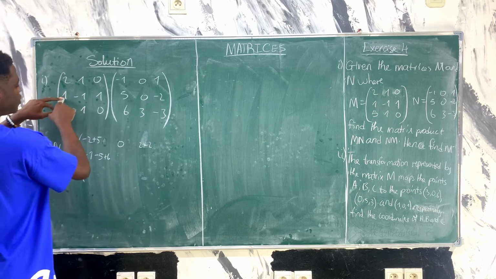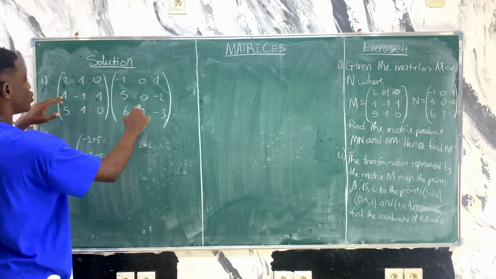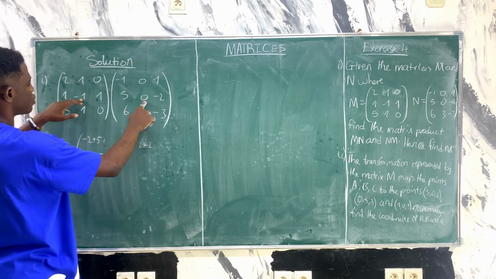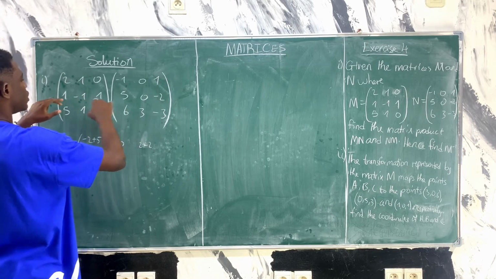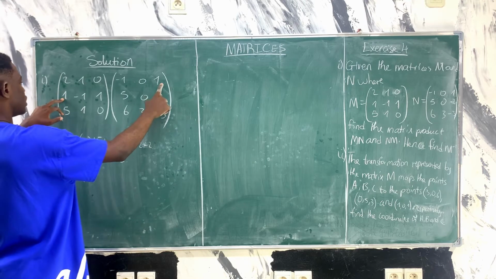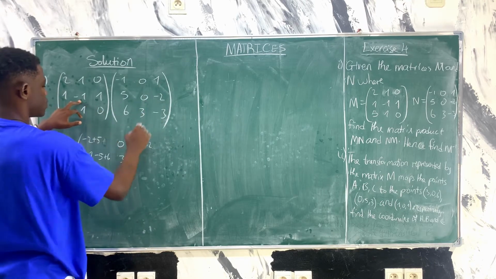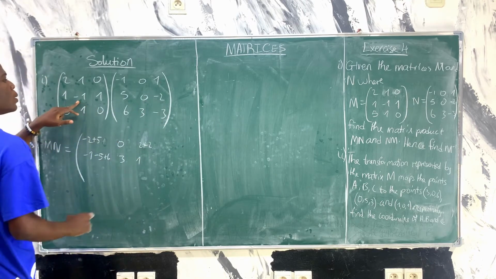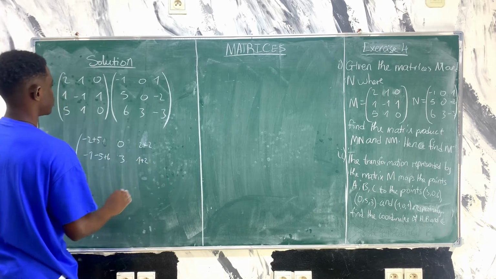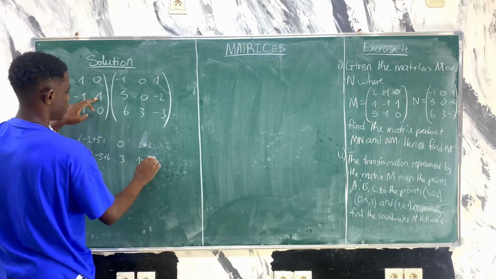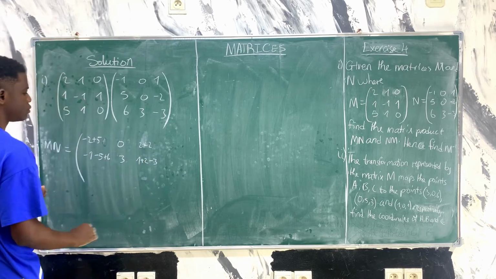So we do same for the second row, second column: 1 times 0, 0, 1 times 0, 0, 1 times 3, 3. Do same for the third one: 1 times 1, 1. Negative 1 times negative 2 we have plus 2. 1 times minus 3 is minus 3.